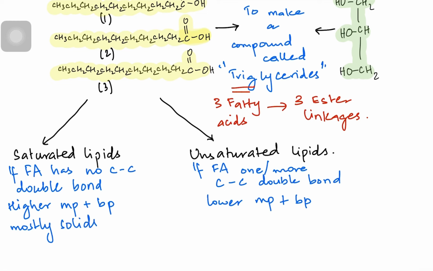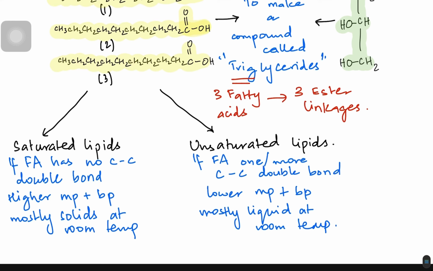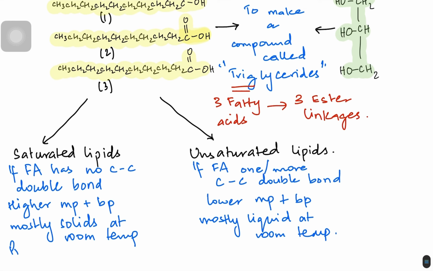The saturated ones are mostly solids at room temperature. For example, ghee is a kind of saturated lipid. But the unsaturated ones are mostly liquid at room temperature. For example, all the oils are mainly unsaturated. The saturated ones are mostly present in animal sources.